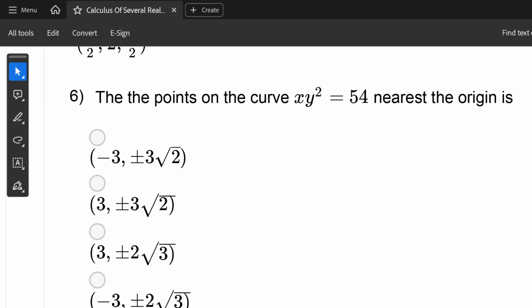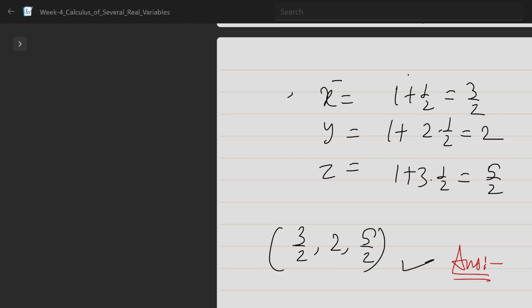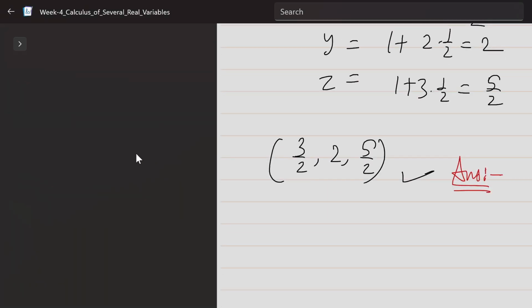So the next question is this, so I will solve this question using maxima and minima with your distance formula. You have to find the point on this curve which is nearest to the origin. Question number 6: x y square equal to 54. This is my curve.